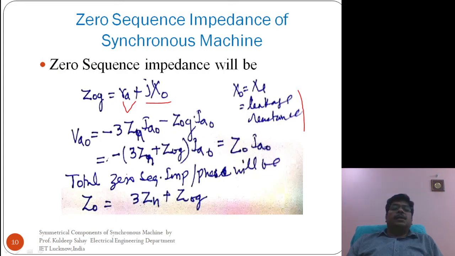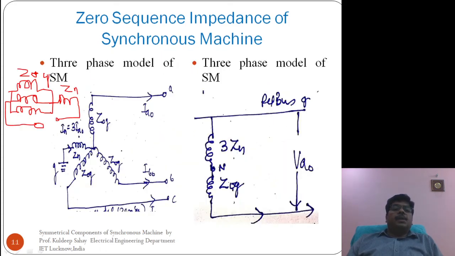So here this will be the zero sequence impedance Z0 with zero sequence current Ia0. In place of Zn there will be 3Zn, with Z0G in the per phase representation.